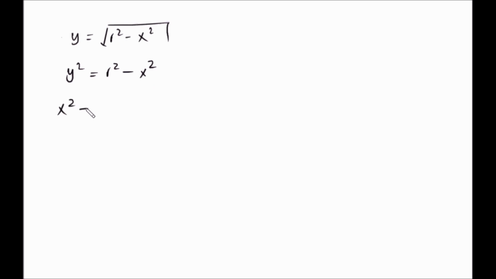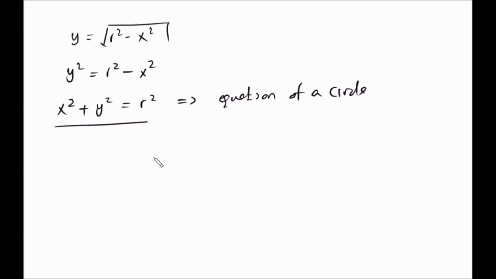Tunajua hii ni x squared plus y squared sasa na r squared. Tunajua hii ni equation of a circle. Kwa hiyo hii sasa ukiichora in the xy plane, hapa itakuwa negative r, hapa itakuwa positive r, hapa positive r, hapa negative r, and then we have a circle. Equation yake ndo hii hapa.